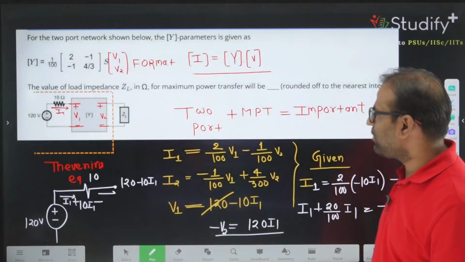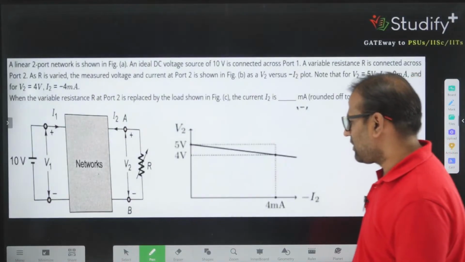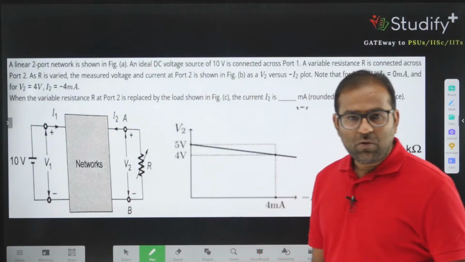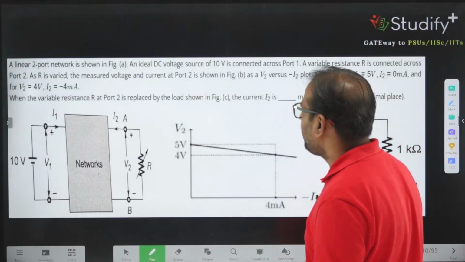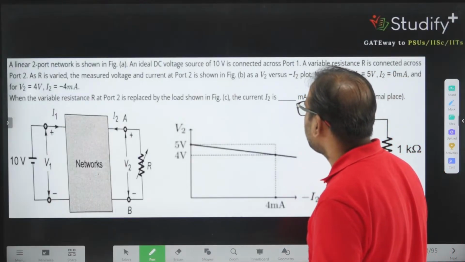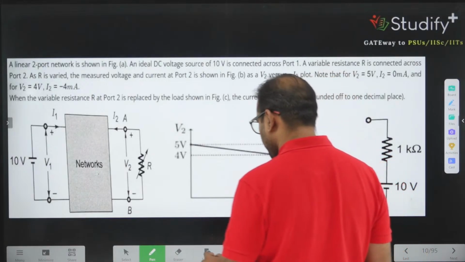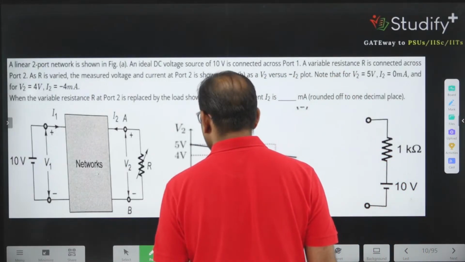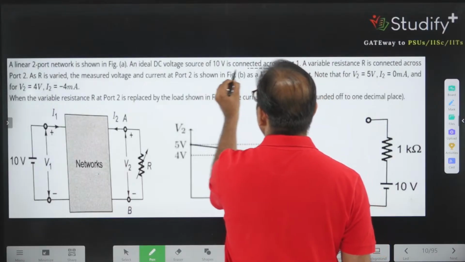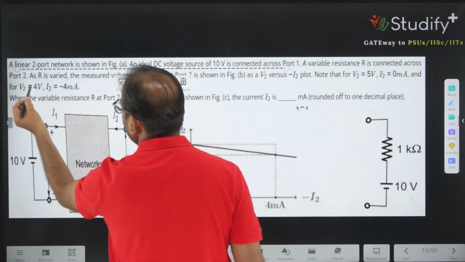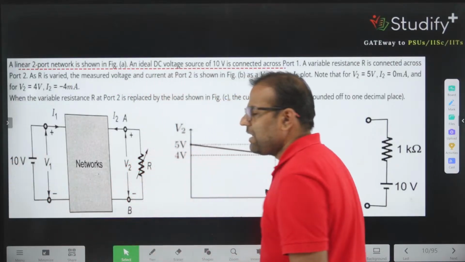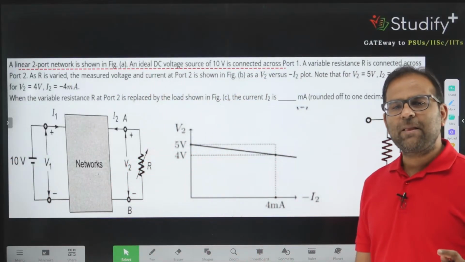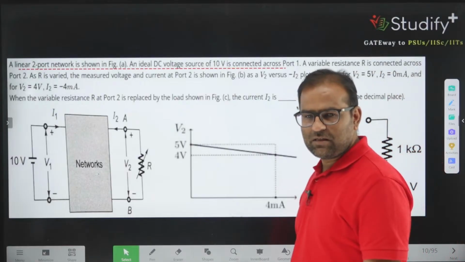Okay, let's take one more question, and this is the question. What this question is saying: a linear two-port network is shown in the figure, and an ideal DC voltage source of 10 volt is connected across port 1. This is port 1 and the 10 volt source is connected, so you can say this V1 is 10 volt.